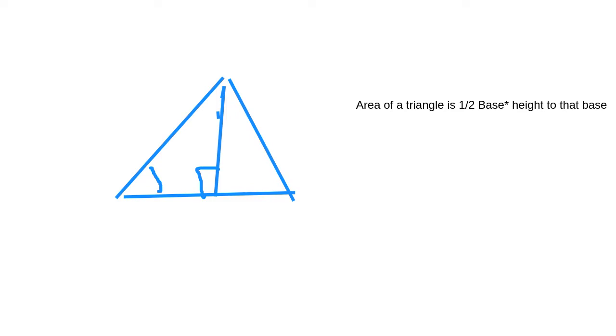If I call this side S, and this side S, then every side of the triangle is S, by a theorem you know from geometry. This side down here is also going to be S. So all three of those sides are S.